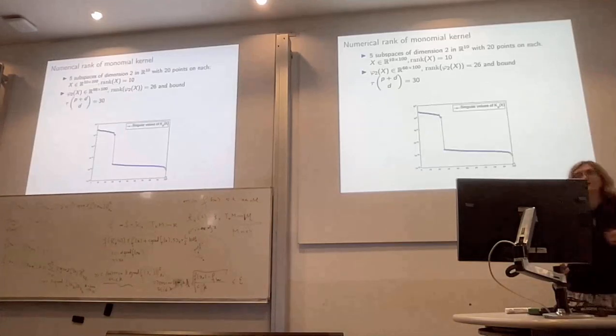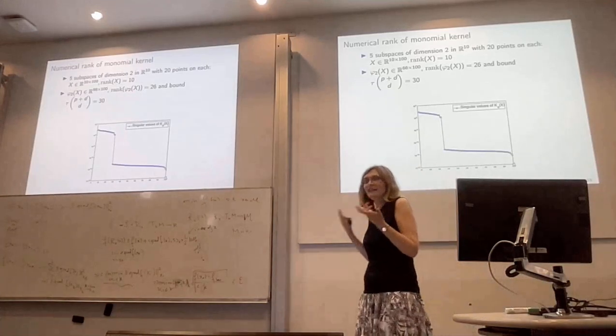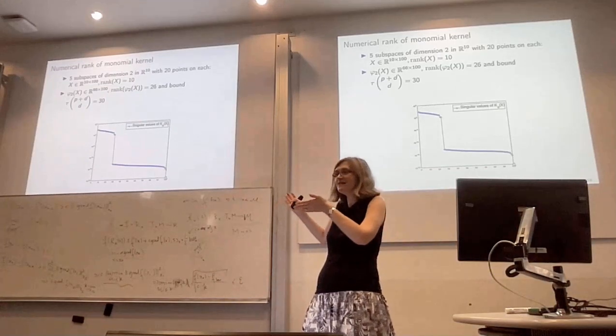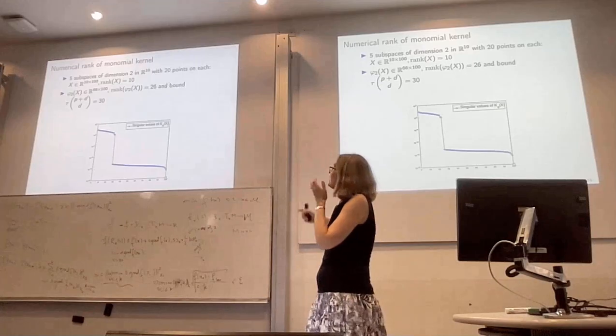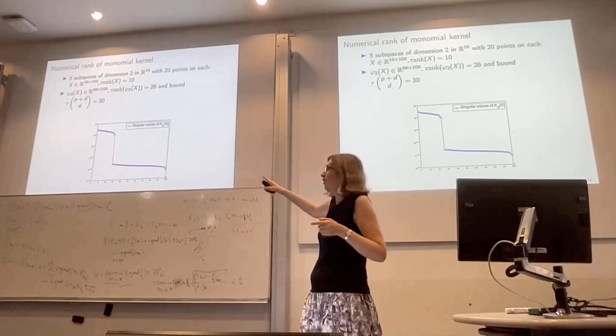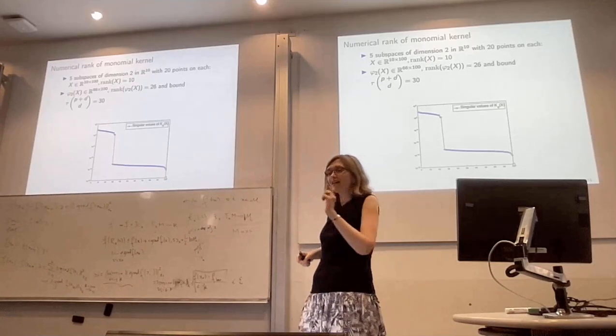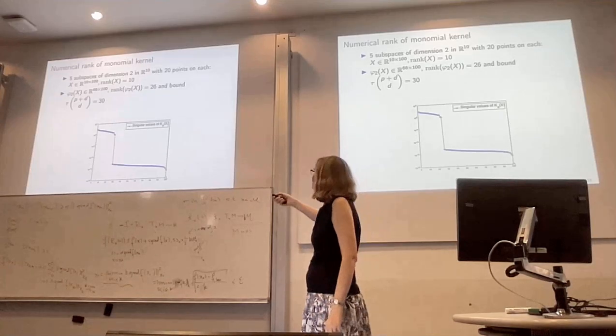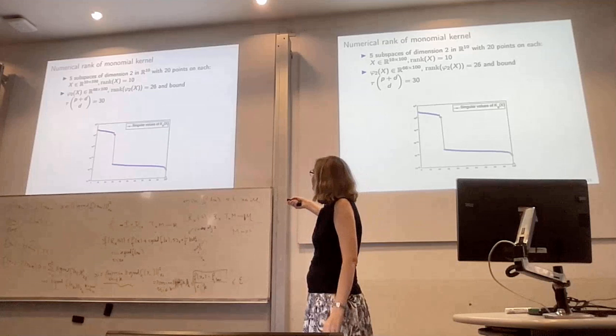You may ask, wait a minute, you are telling me that you have low rank in this union of subspaces, in this feature space. So here's a plot of the singular values of the kernel of the monomial features. What you see is that you have this drop.